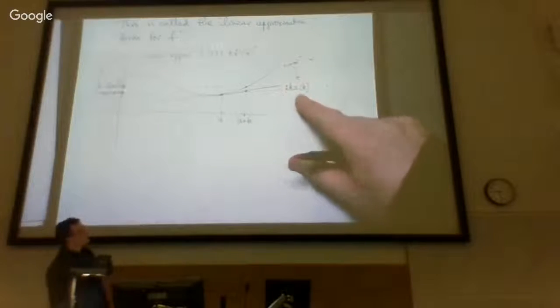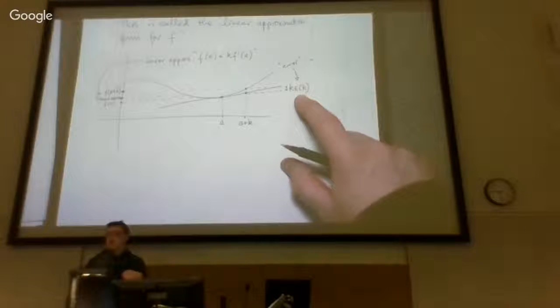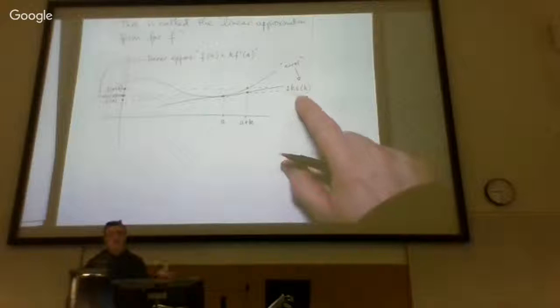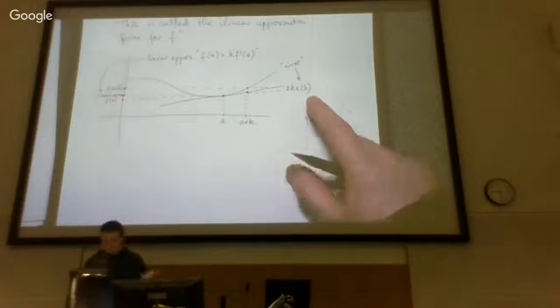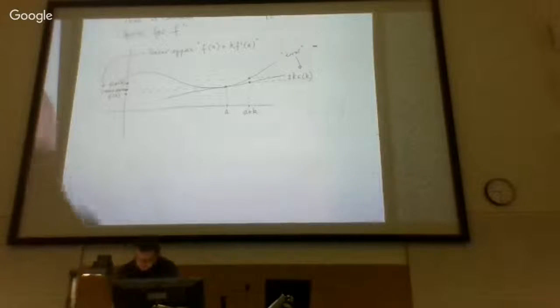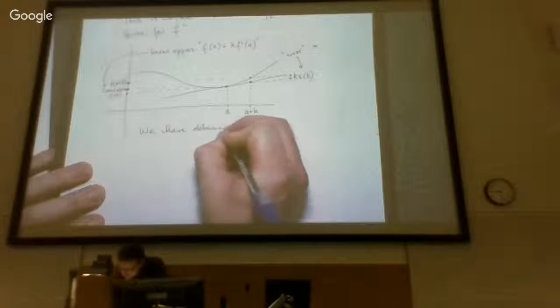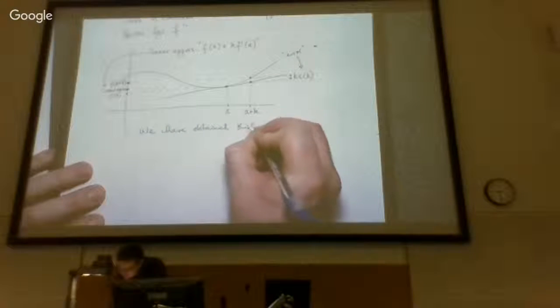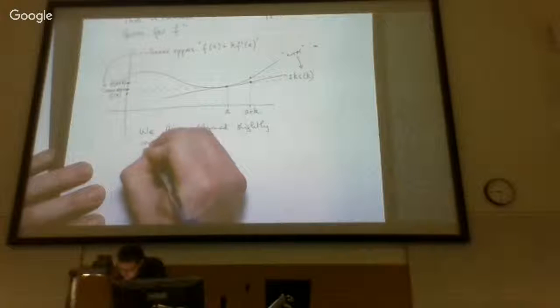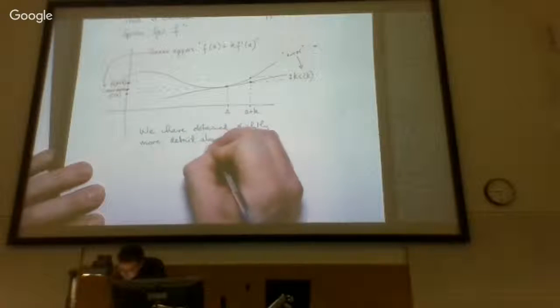But now we know this is the distance between them. And it certainly goes to 0 as k goes to 0 because it's got a factor k there. But the other factor goes to 0 as well. So it's kind of a more detailed view. We have obtained slightly more detail about the error term.